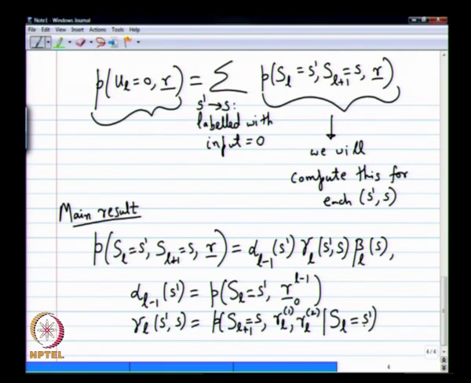And then beta_L(S) is going to be the probability of R. So R from 0 to L minus 1 was involved in the alpha expression, R_L was involved in the gamma expression, and in the beta expression you are going to get R_{L+1} all the way to the end.